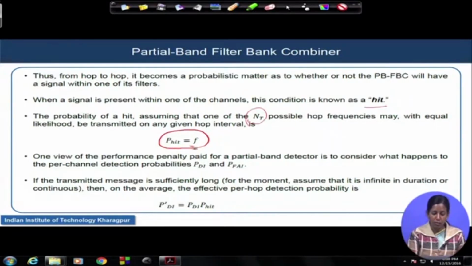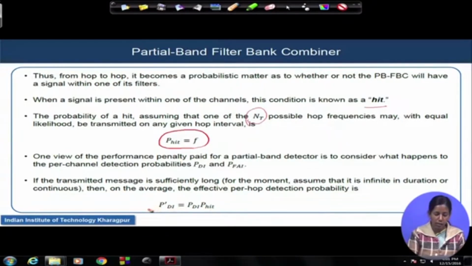In view of this expression, now we will consider the performance penalty we have to pay on the per channel detection probabilities PDI and PFAI. If the transmitted message is sufficiently long, then we can show that the effective per hop detection probability for your partial band FBC will be given by PDI multiplied by the hit probability.